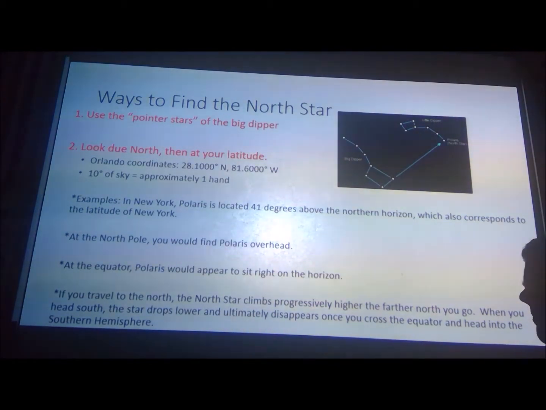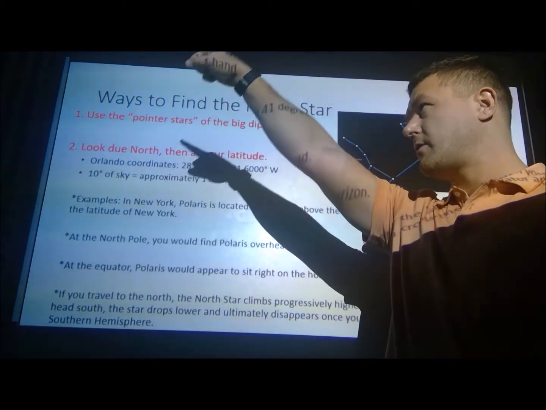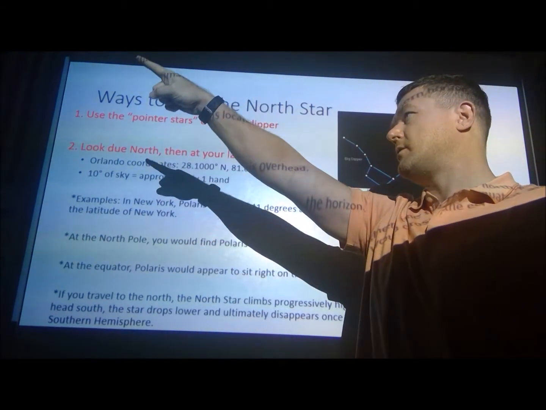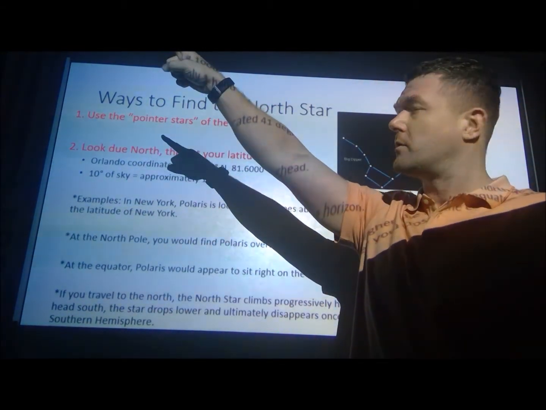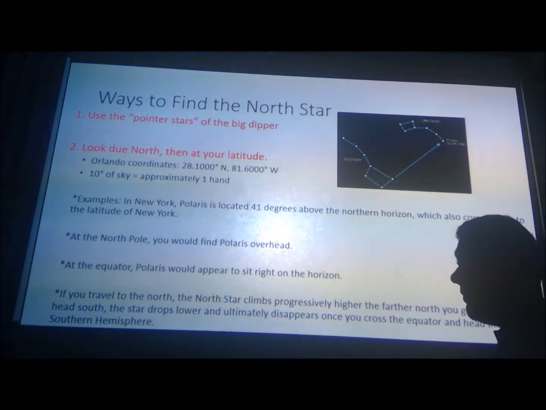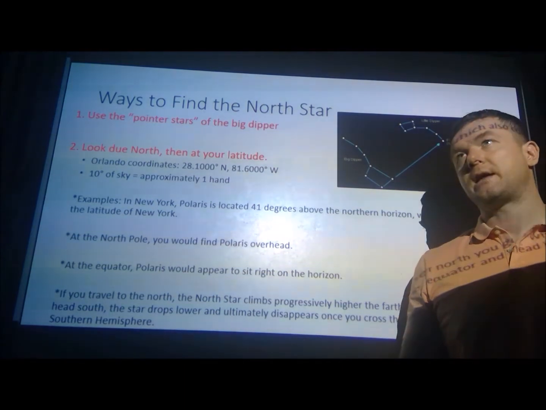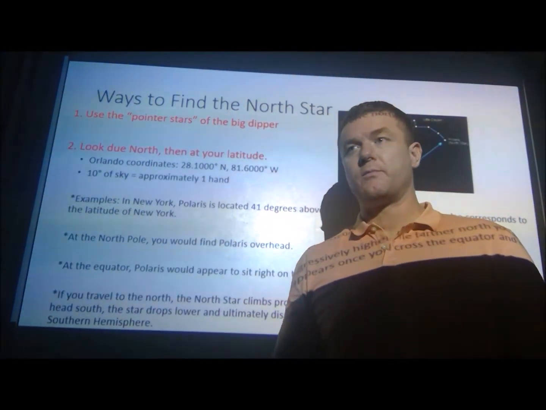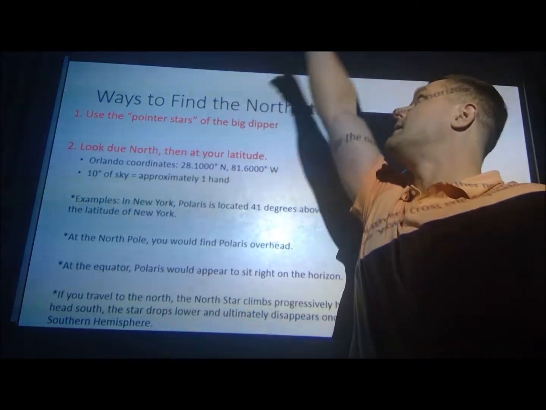New York is about 41 degrees latitude, which means you would make a little angle of 41 degrees. So here's 0, that's 90. 41 degrees is going to be about right there, a little less than halfway. At the North Pole, you have a latitude of 90. So to point to the North Star, if you're standing at the North Pole, you would have to be at 90 degrees.